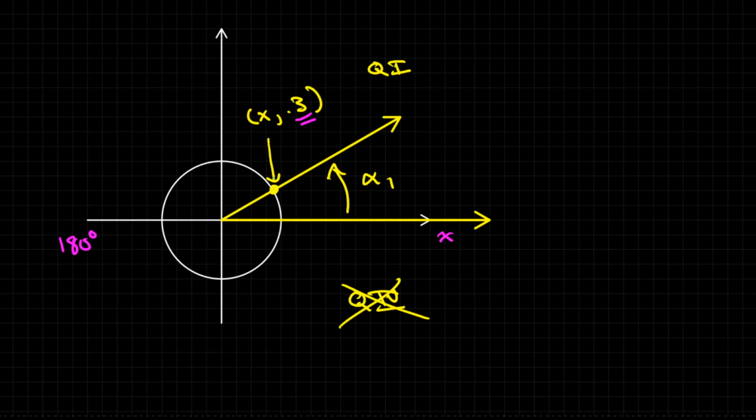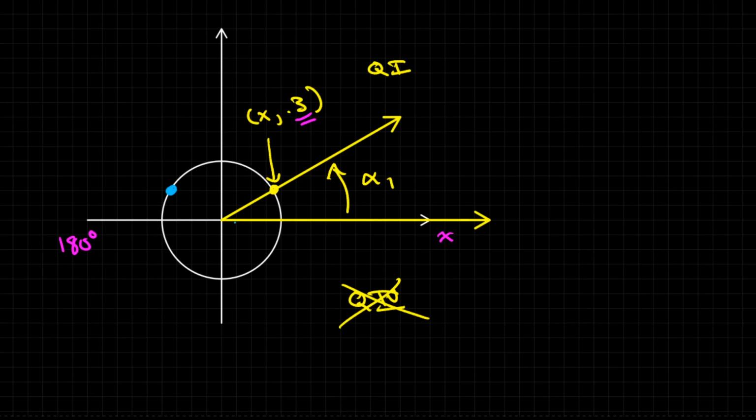So if I draw a horizontal line here, like this, then where my horizontal line intersects the unit circle, so right there, the y-coordinate of that point that I've drawn is on the unit circle, and it has a y value of 0.3.